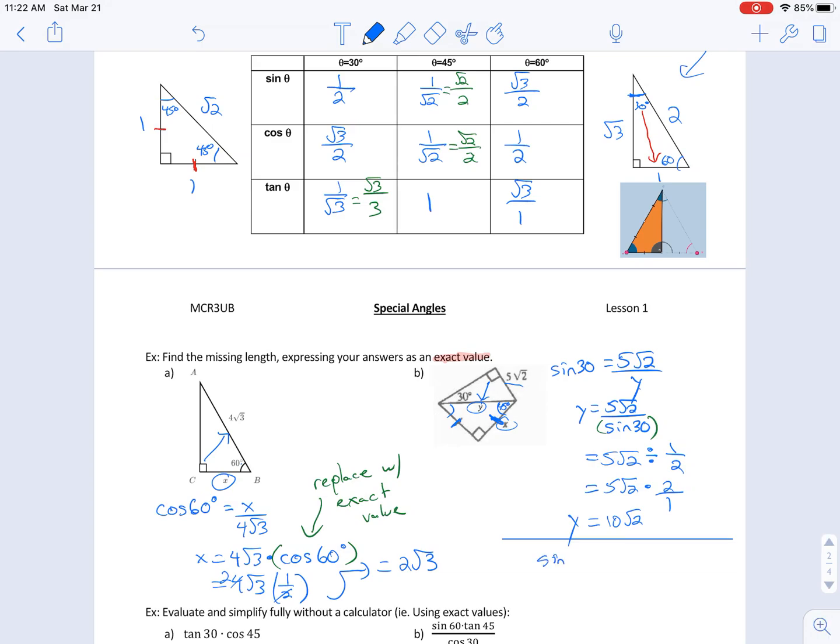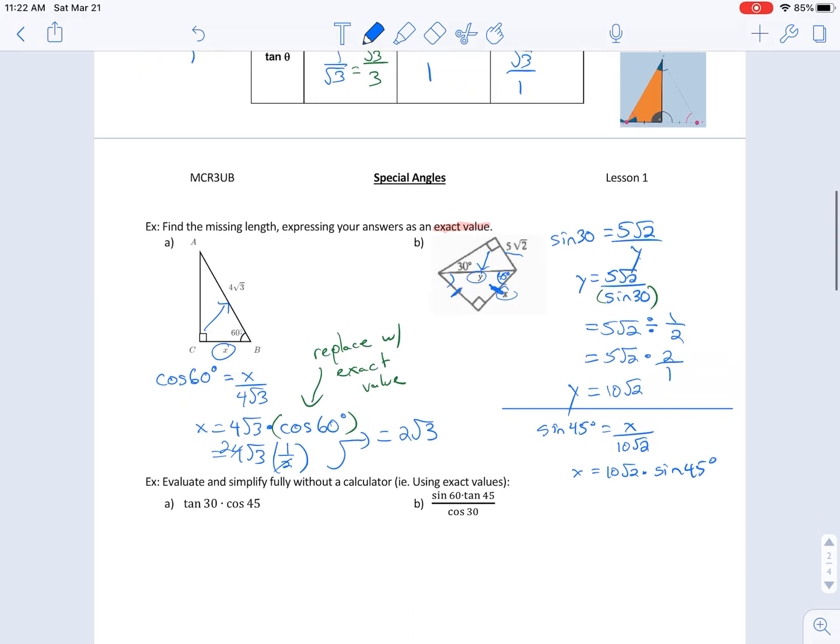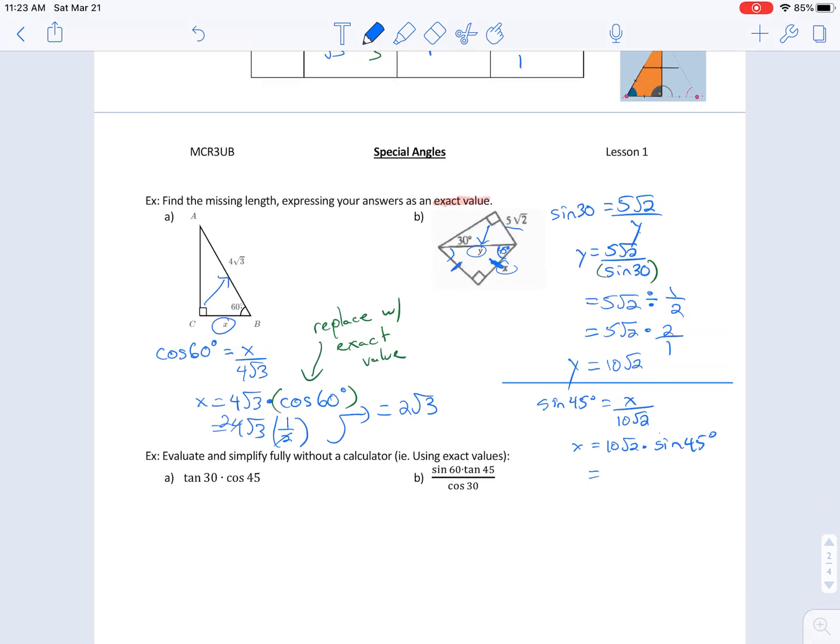So why don't we just say sine 45 equals opposite, which is x, over the hypotenuse, which we just found to be y, which is 10 root 2. So I end up with 10 root 2 times sine 45. So again, I'm going to replace this guy, the sine 45.